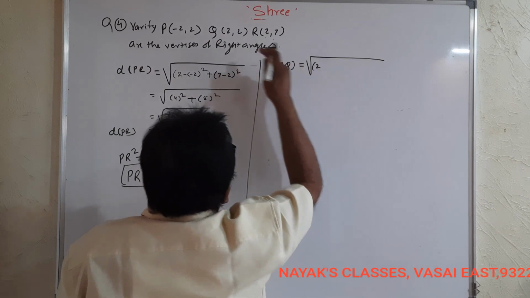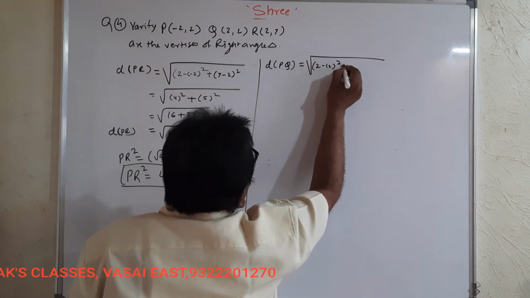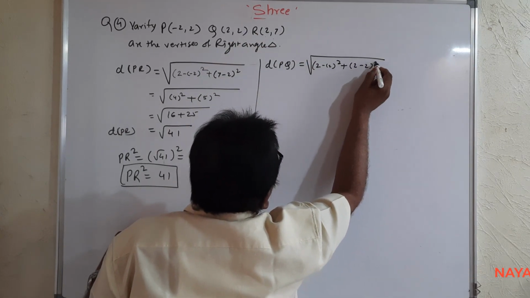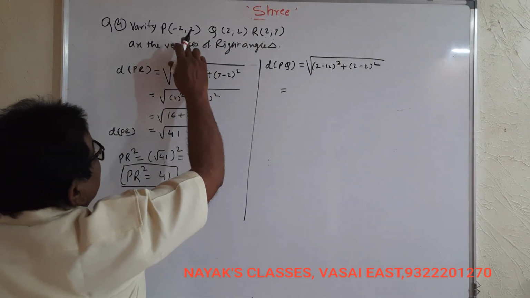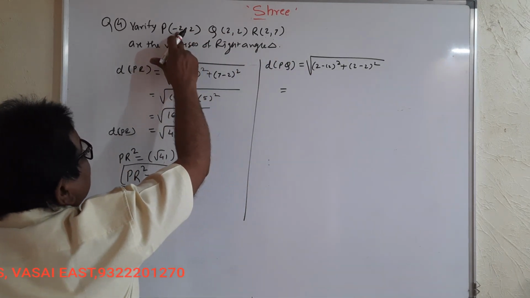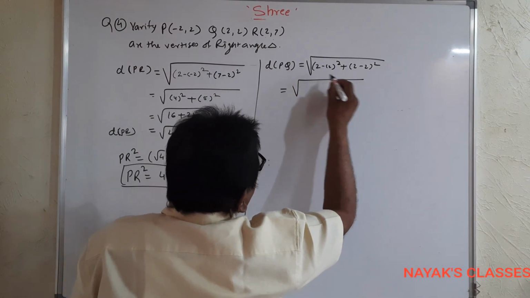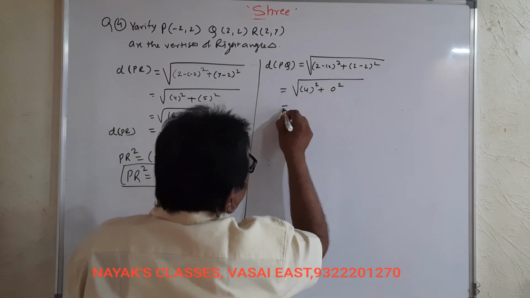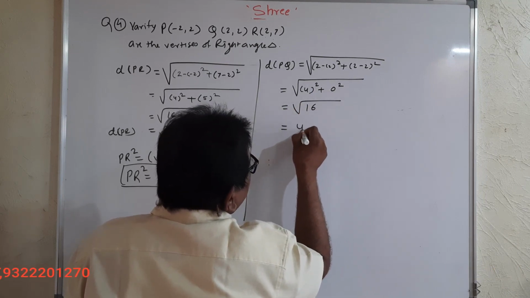So x2 is 2 minus minus 2 the whole square plus y2 is 2 minus 2 the whole square, which is equal to 2 plus 2, 4 the whole square plus 0 the whole square, which is equal to under root 16, which is equal to 4.